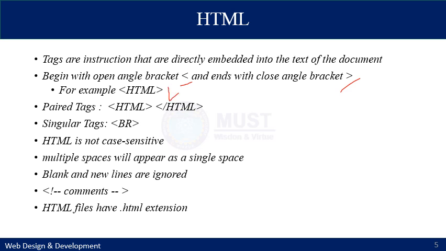Some HTML tags are paired tags, that means each starting tag has an ending tag, and the ending tag starts with a slash. Some tags are singular tags such as break (br) or horizontal rule (hr) tags.